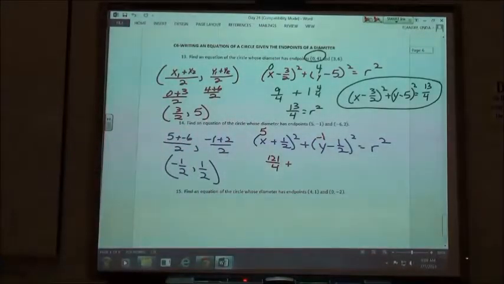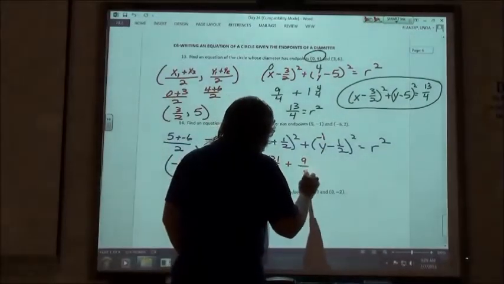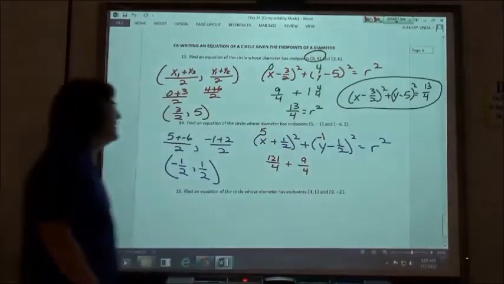Negative 1 minus 1/2 would give me negative 3/2, and if I square a negative 3/2, I get 9/4.